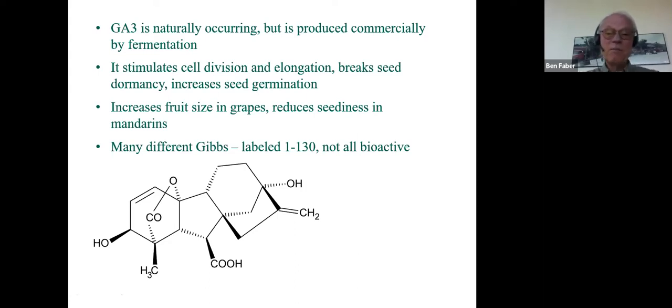So that's how the labeling comes around. And this looks complicated, but as a molecule, it's one of the more simple hormones. Not all of the gibberellic acids are bioactive. So the only commercial one that is used as the PGR that's sold as a stimulant is GA3.